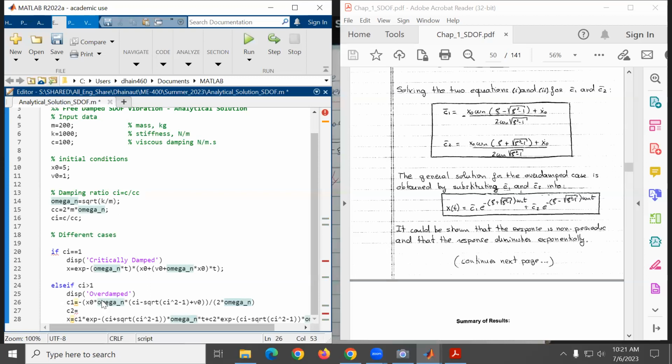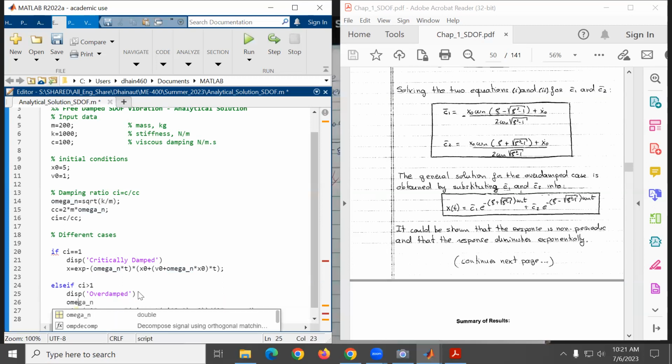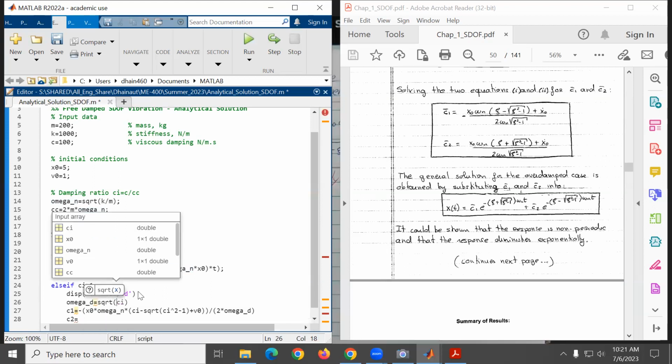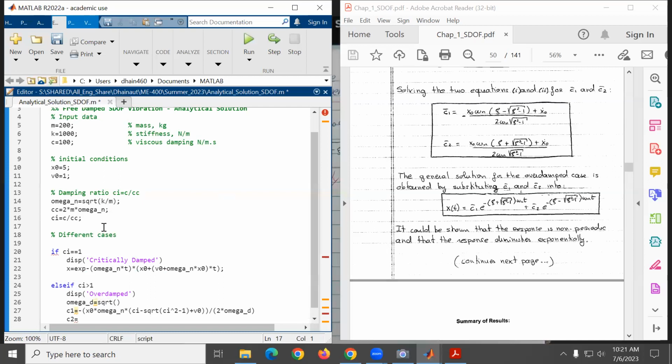So really it's omega d. Let me just call this one omega sub d. And here omega sub d will be equal to the square root. Isn't omega d equal to omega sub n? All right, let's just forget about this. Let's just copy as it is over here. That way it will be simple.